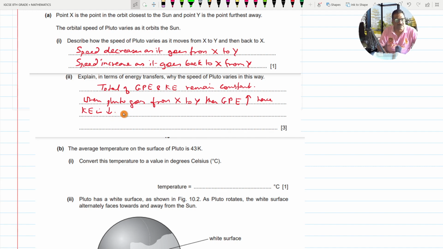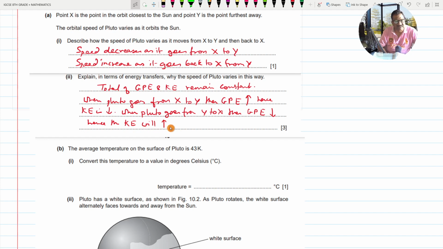So when Pluto goes from y to x, okay. Now what happens when it is going from y to x? The gravitational potential energy will gradually decrease, and hence the kinetic energy will increase.